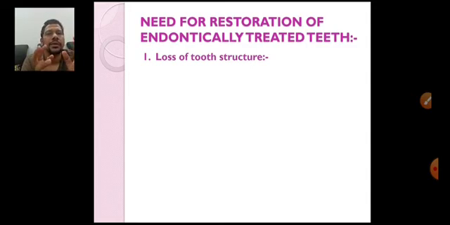If there is already tooth structure loss, it's better to give a crown, because however much filling material you use, however good the filling material, it can't replace the lost dentine volume in strength. Look wise they may replace it, but strength wise it can't. So it's always better to give a crown in order to support that lost tooth structure.